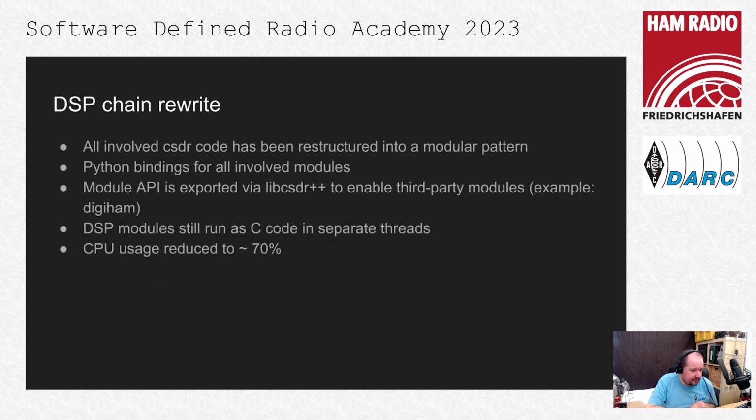Now, the DSP itself is still in C++ code. Even though it has Python bindings, when you call the DSP, the actual implementation in the background is still C++ code. So it still runs as efficiently as before.